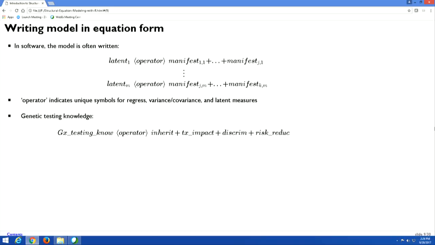When in reality, it's actually the reverse we're doing. And depending on the software, the operator will look different. So M+, for example, doesn't use a symbol, it uses words. So for factor analysis, you will write knowledge is by these variables, because it's manifested by these variables. And you'll see some different ones later.